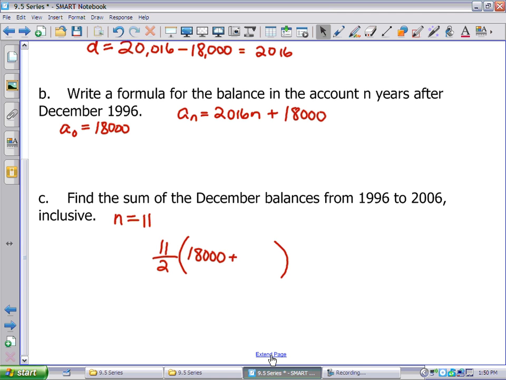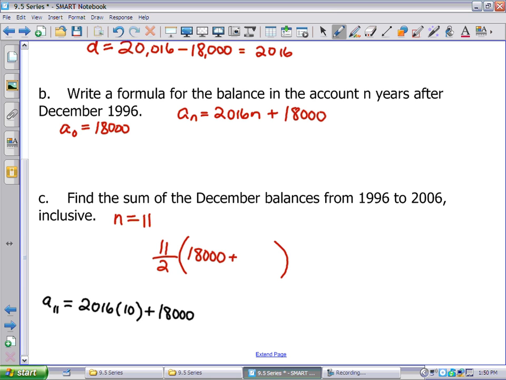Okay, well, I have to find that last term, and you can find that last term by taking A sub 11 and plugging in 11 for N. So you have 2016 times 11 plus... I'm going to take that back. 2016 times 10 plus our original amount, which is 18,000.